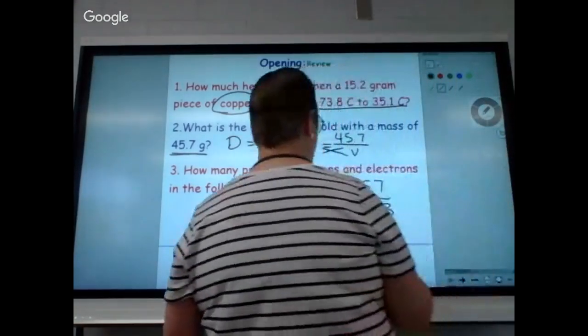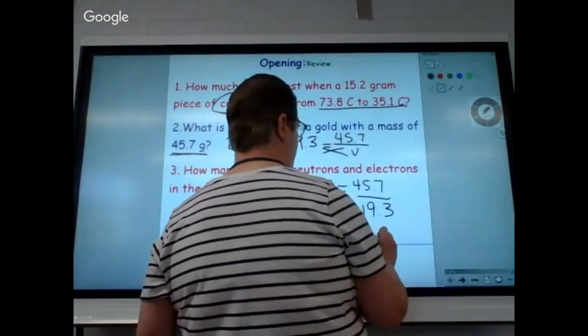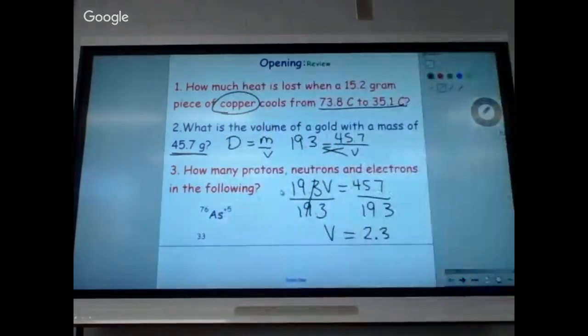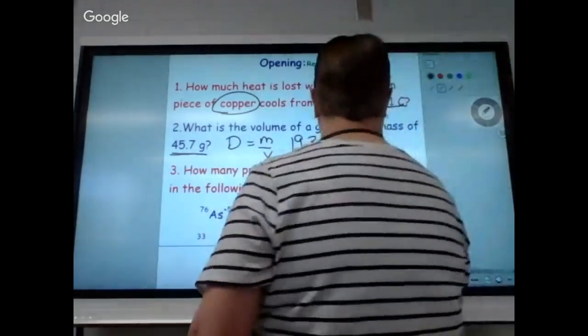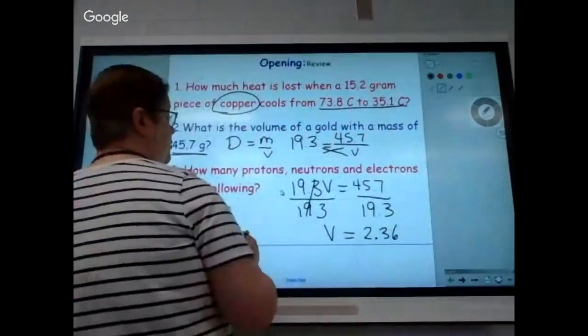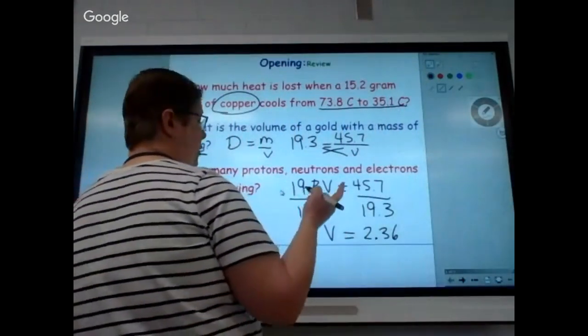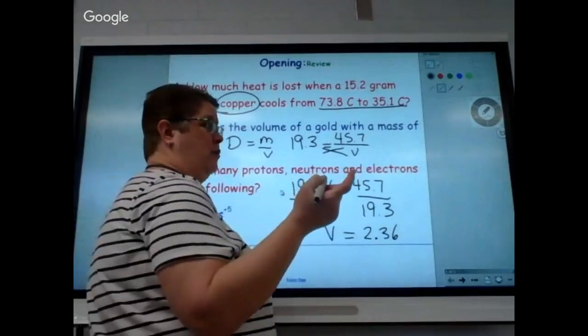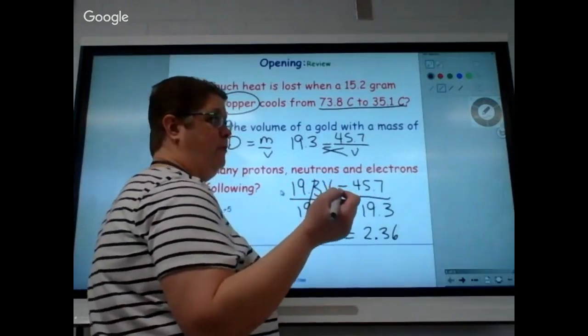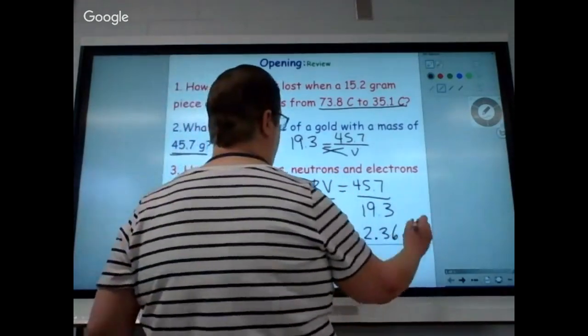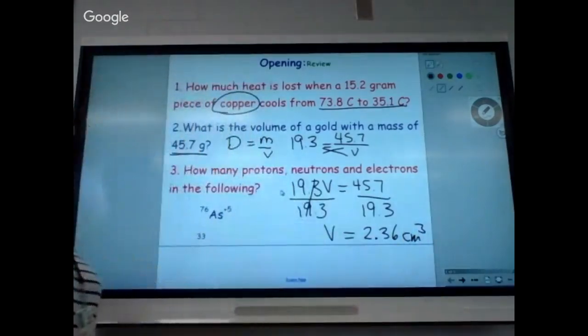Yes. 2.3, what's the number I had behind that? 6? Yeah. And then looking at our units, it was grams here. On your reference table, it was what? Grams over milliliters or grams over centimeters cubed? Grams over centimeters cubed. So it'll be centimeters cubed for our unit because the grams will cancel out.